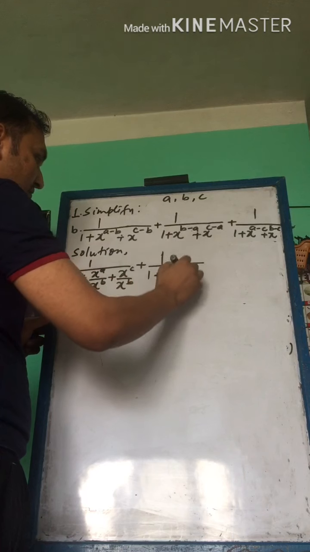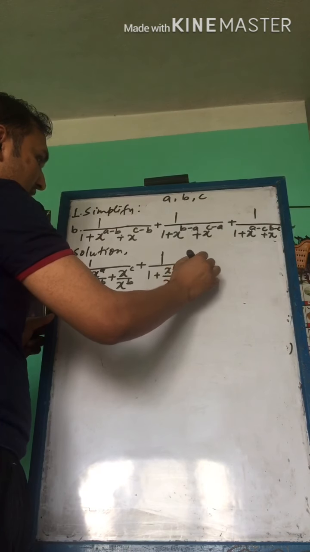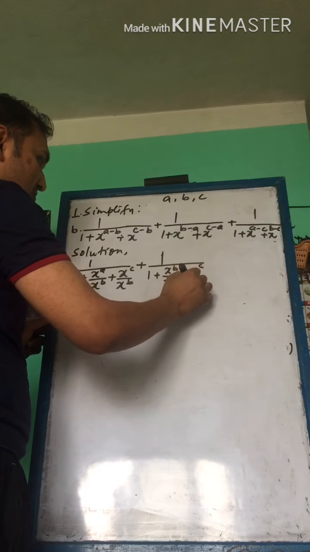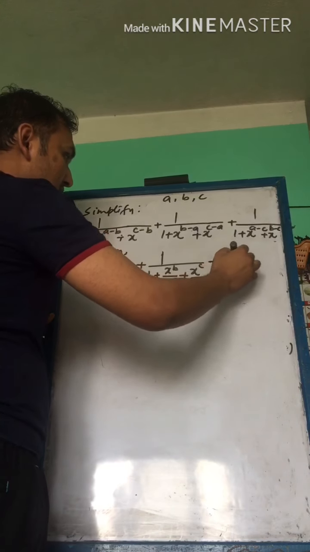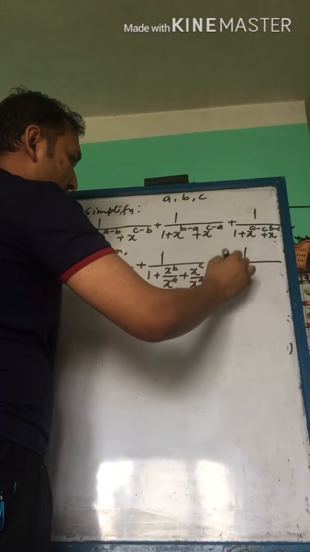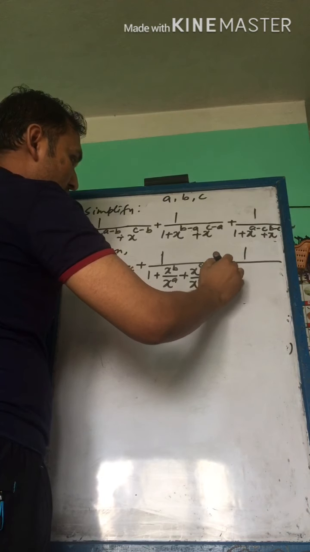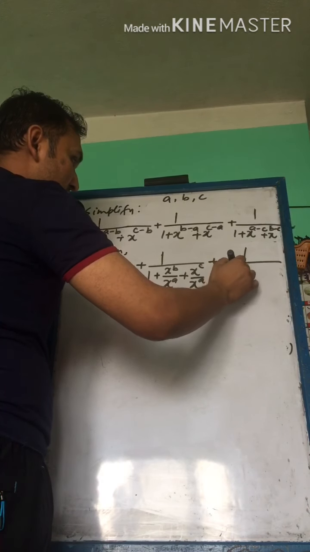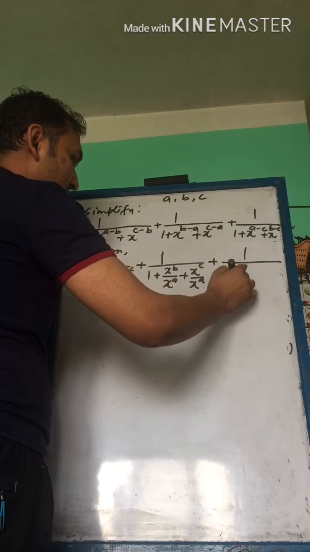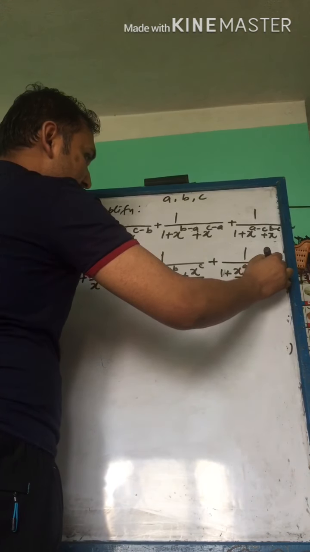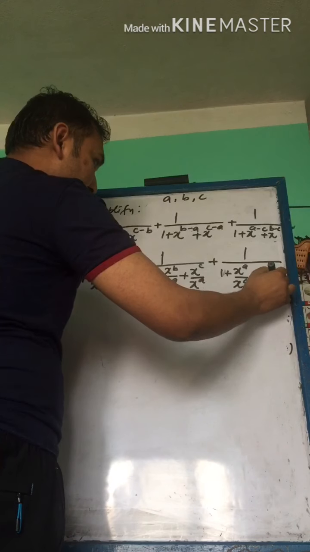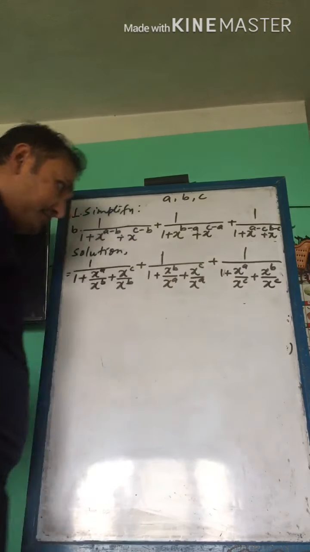Can you write this in fraction form? Plus here also, x to the power c upon x to the power a. Plus similarly over here also, numerator as it is, 1 plus x to the power a upon x to the power c plus x to the power b upon x to the power c.